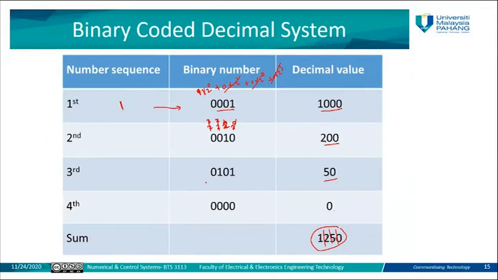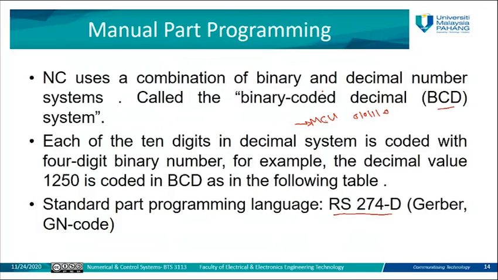So the idea here is how to convert this type of decimal values. For that, they call it binary coded decimal, used only to represent each part of the code from numbers into binary digits.